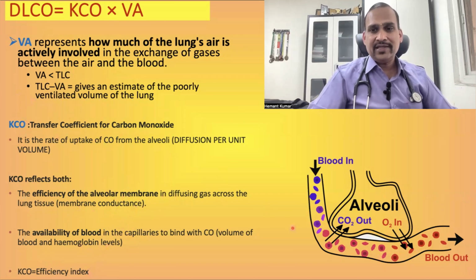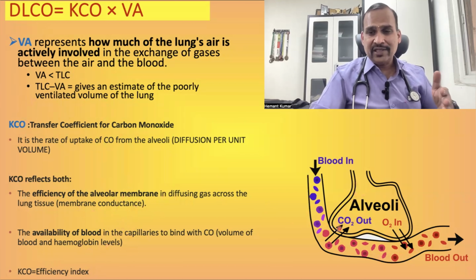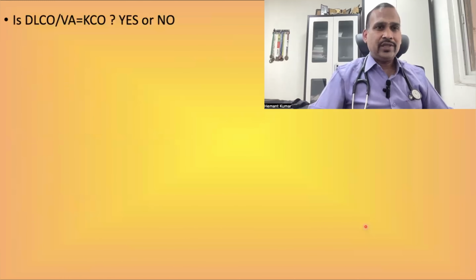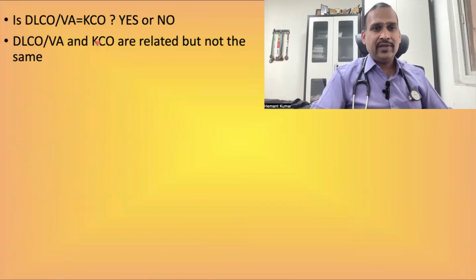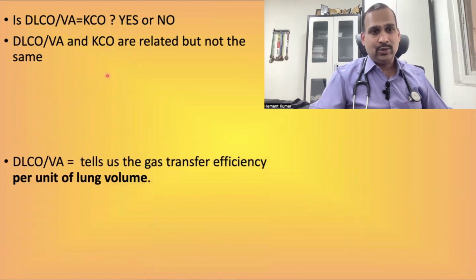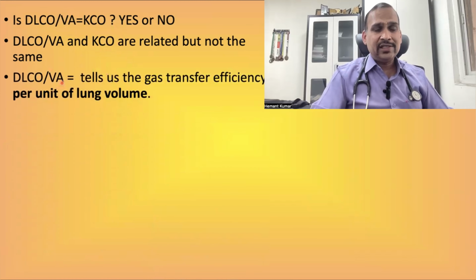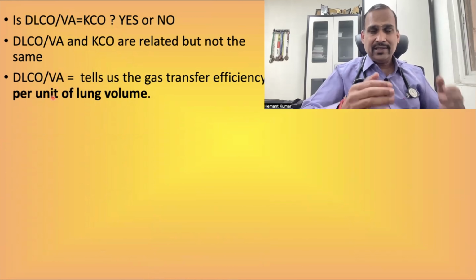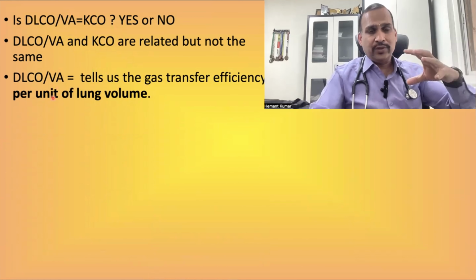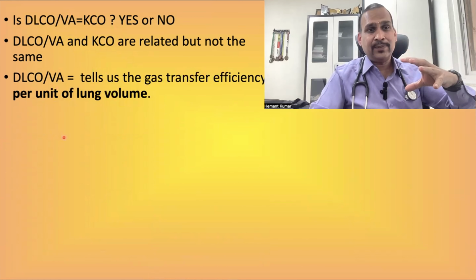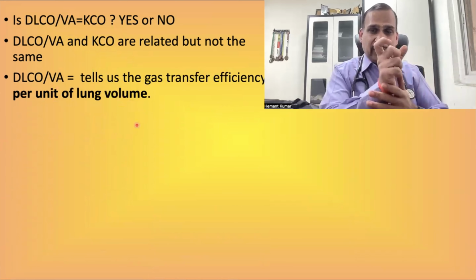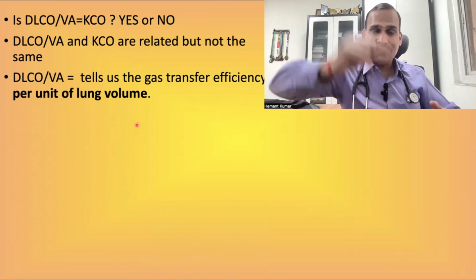While VA is the alveolar volume which is available for gas exchange. So my question to you is: is DLCO upon VA equal to KCO? Yes or no? Definitely no. These both are related, but they are not equal. Why? Because DLCO upon VA means diffusion per unit volume, which tells us gas transfer efficiency per unit of lung volume. In one unit of lung, how much transfer is there?